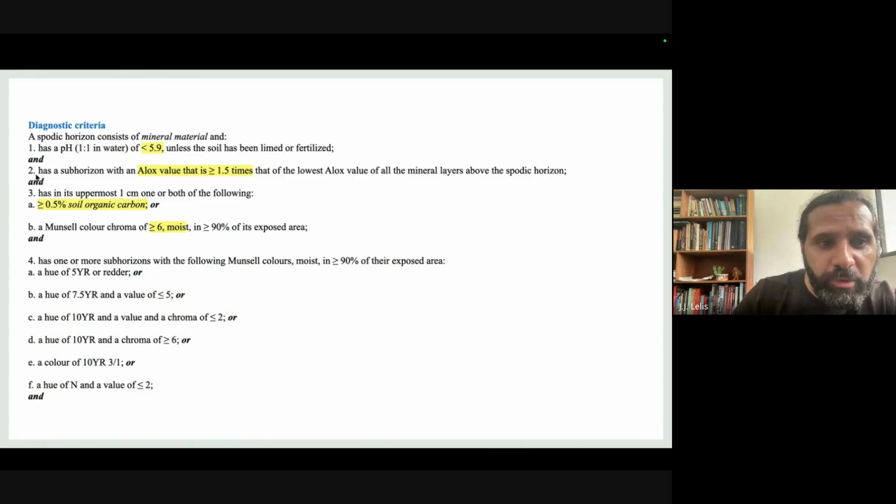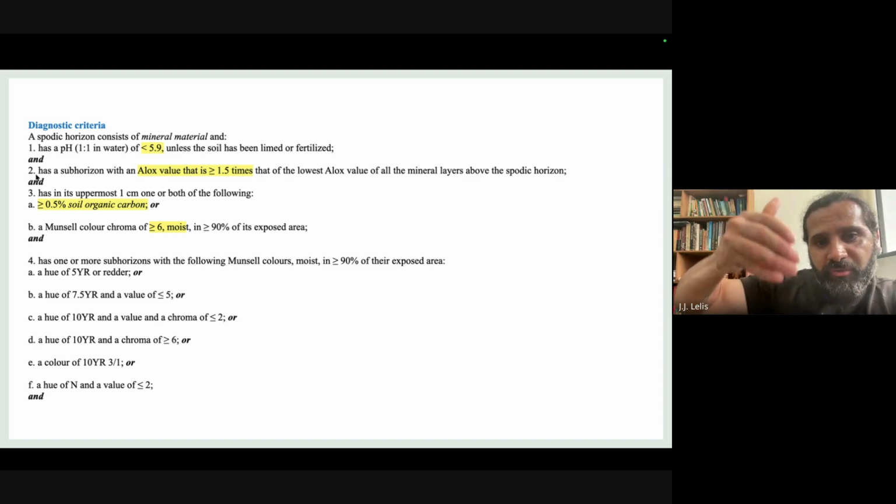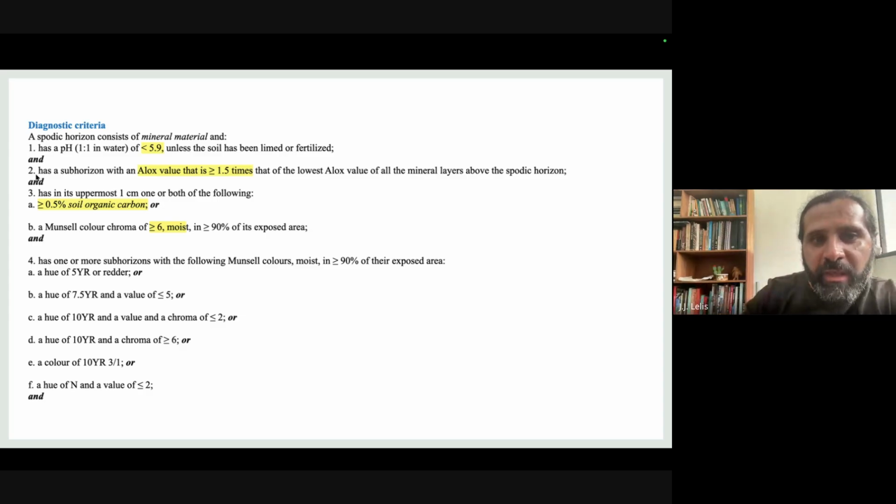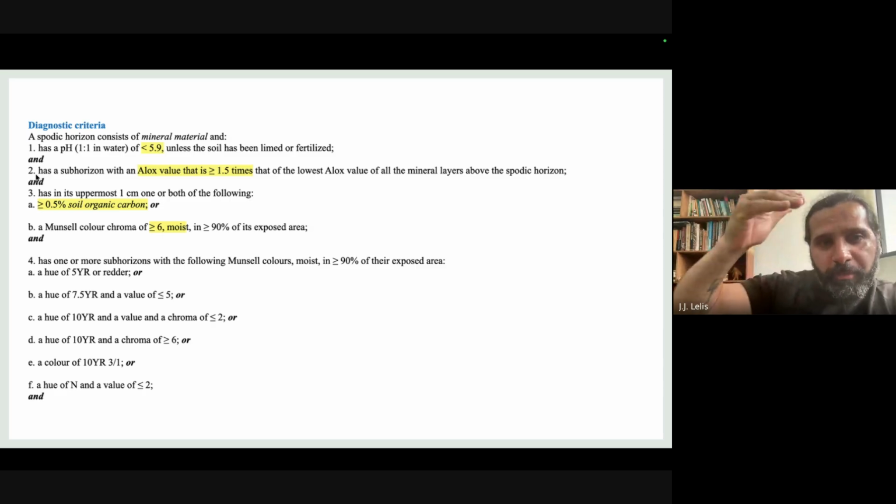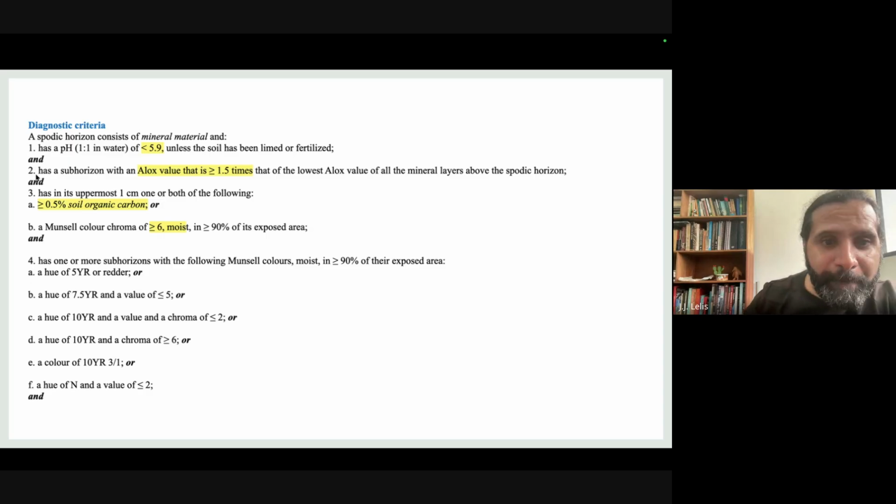So that's why we use this as evidence of the spodic horizon, because it shows that we have a strong connection between organic matter and aluminum. This strong connection induced a migration of organic matter and aluminum, and both migrated from the top to the bottom and concentrated in the spodic horizon, okay?